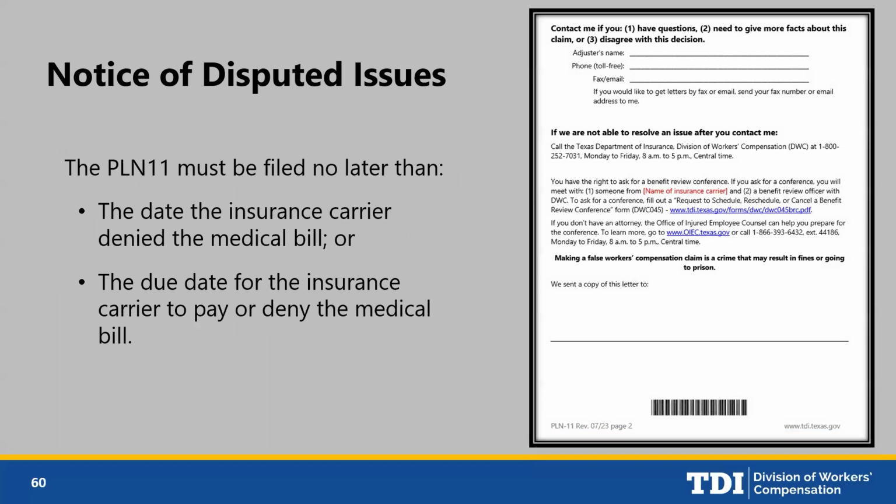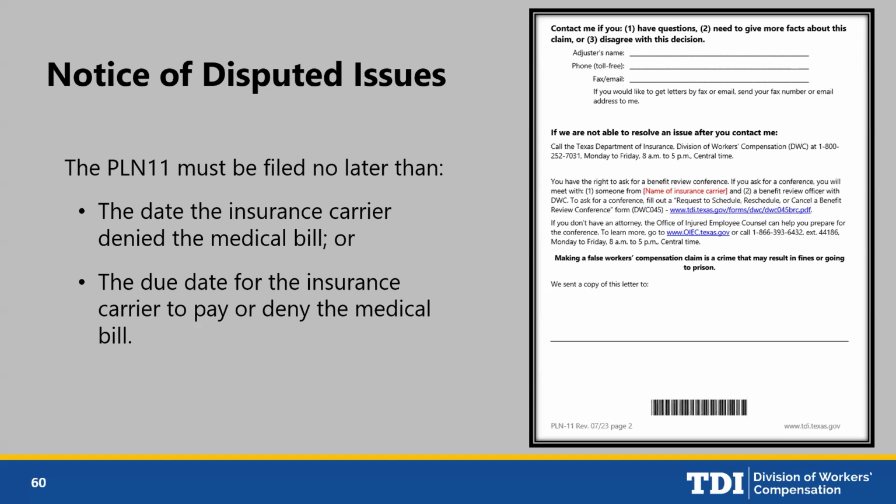The carrier has responsibilities for timeliness of filing that PLN 11. They have to do it as soon as they're denying your medical bill for extent, relatedness, liability, and they must have a PLN 11 on file if you're receiving an EOB that says it's denied for extent.